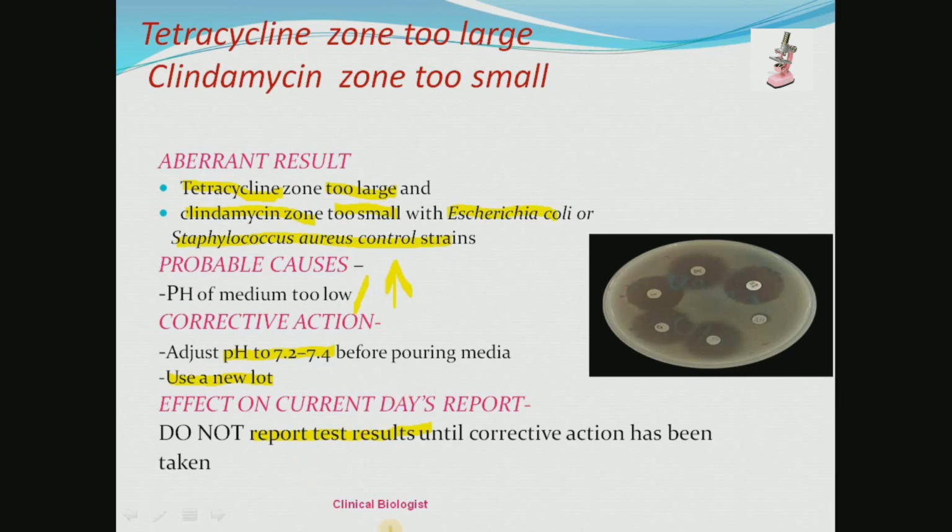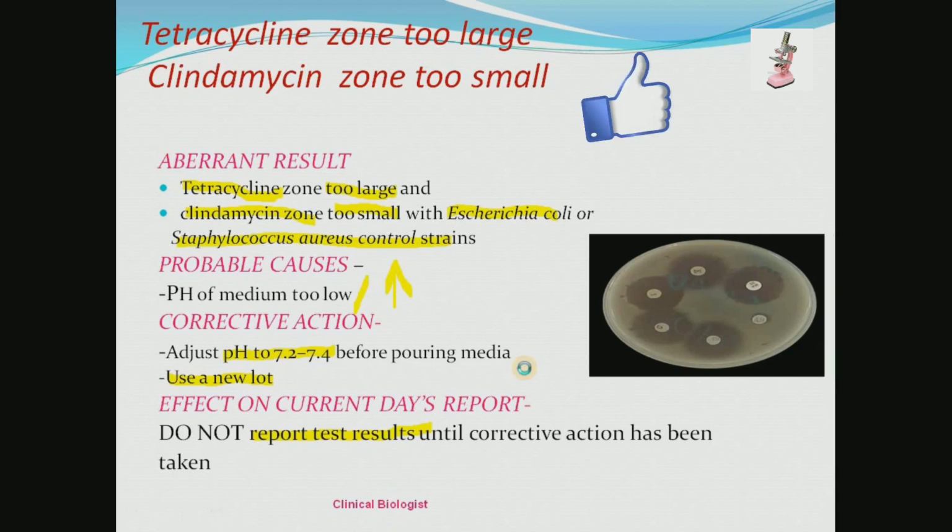You cannot release your result until you take corrective action. Remember this point, it is very important. Sometimes they will ask you in MCQ questions in entrance exams. It is very important: the tetracycline and clindamycin zones using Escherichia coli and Staphylococcus aureus as control strains.